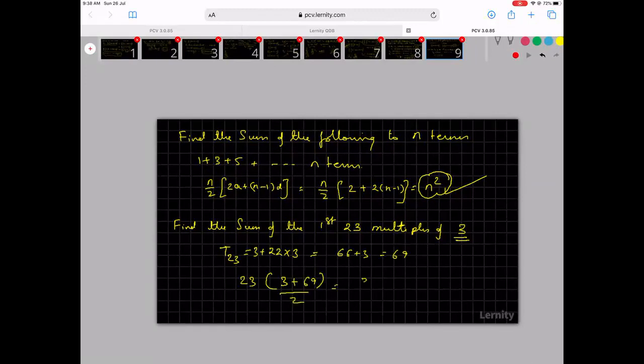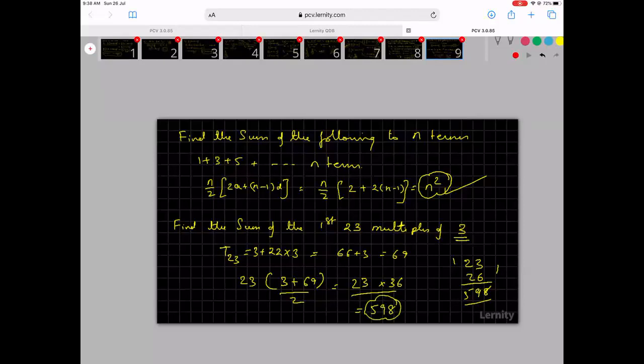So 69 plus 3 is 72, 72 by 2 is 36. If you multiply them, 8 carry over 1, 18, 19, 9 carry over 1, 598. So 598 is the answer.